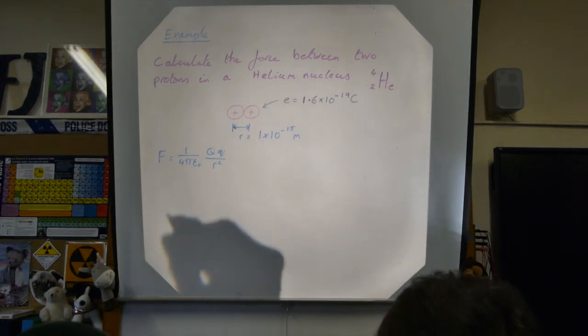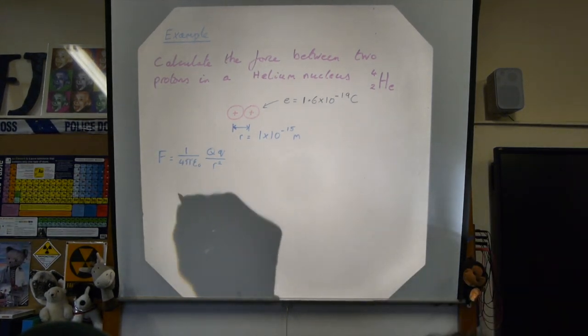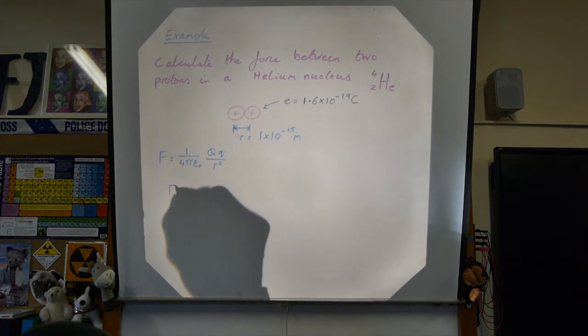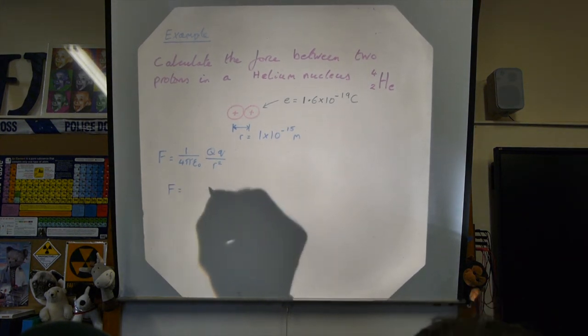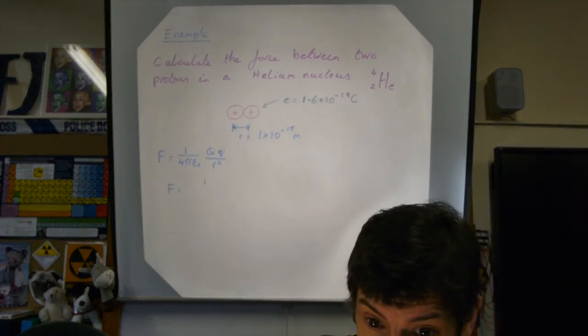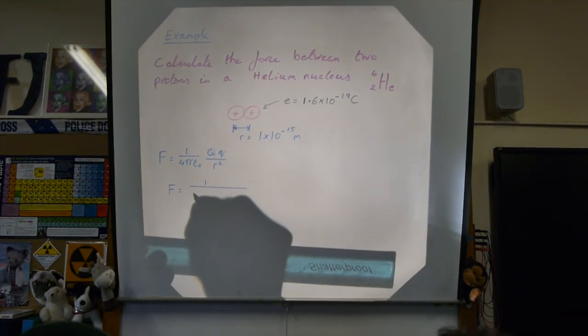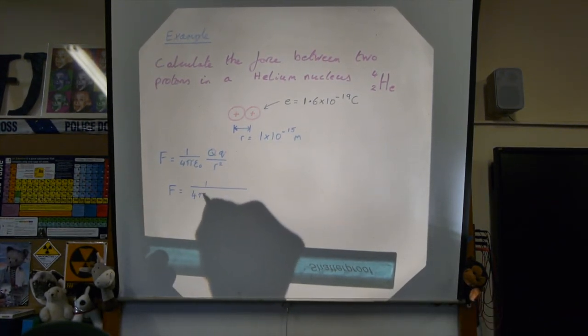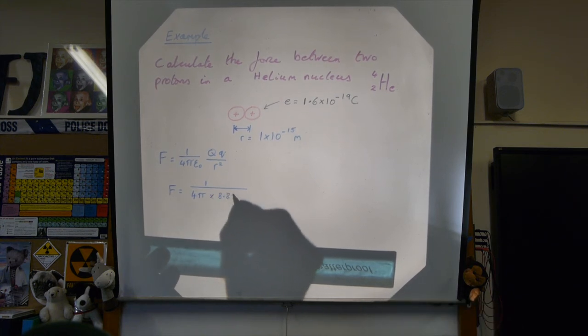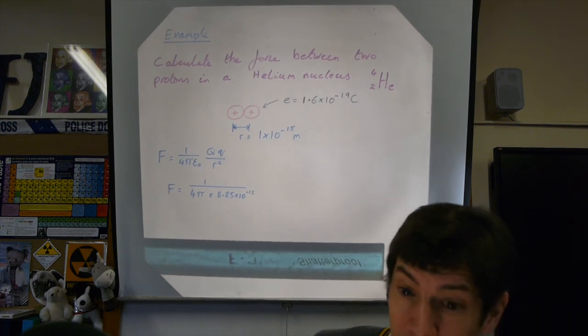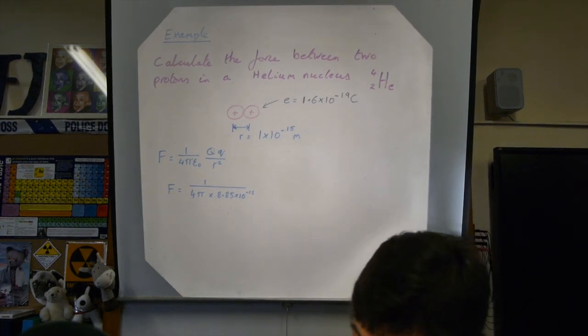Okay, now it's at this stage we get numbers all over the page, so I'll try my best. We've got to work out 1 over 4 pi epsilon naught. At A level, the force will be equal to 1 over 4 pi, and then epsilon naught, 8.85 times 10 to the minus 12 farads per metre.